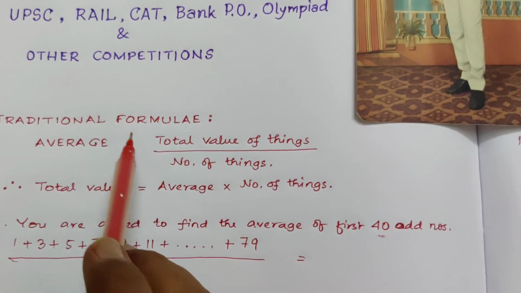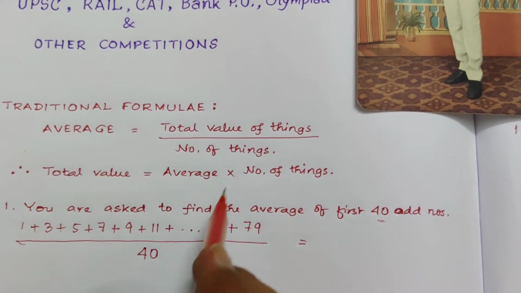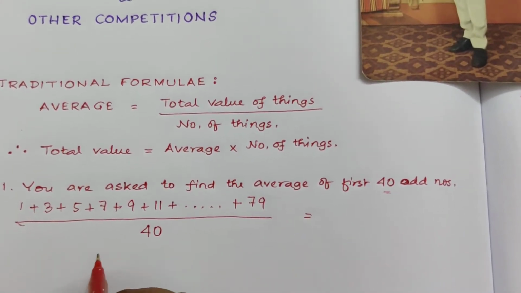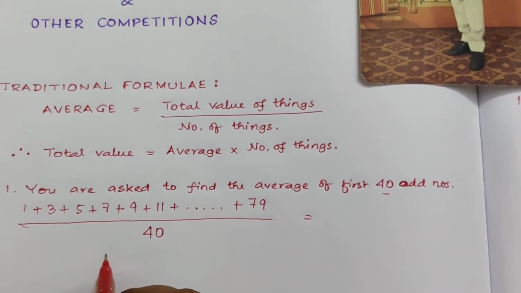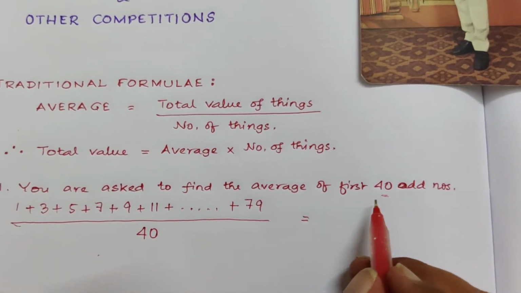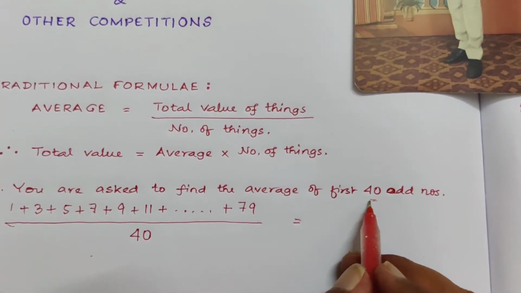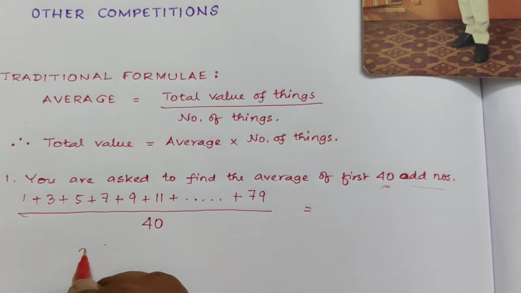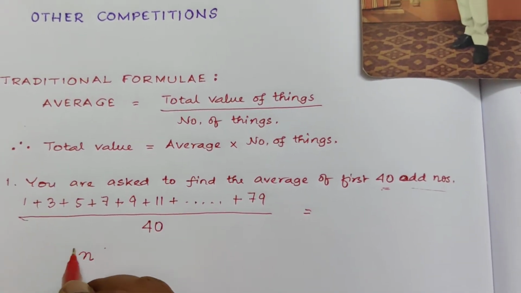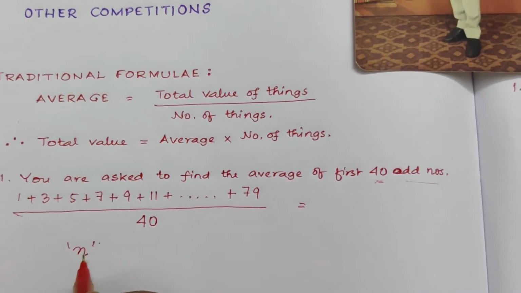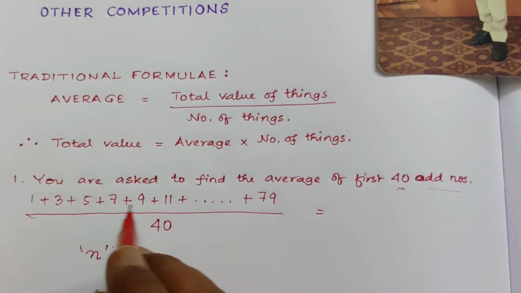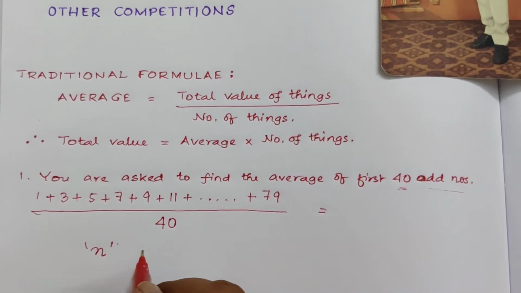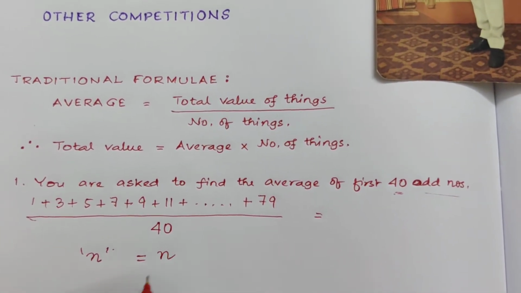And after that, we will come to the number, whatever it is. But here we are doing shortcuts. We are not doing long cuts over here, not the traditional formulas. So if we want the shortcut to find the average of the first 40 odd numbers, or the first n odd numbers, whatever number it is, let that be n. Then our answer is n.